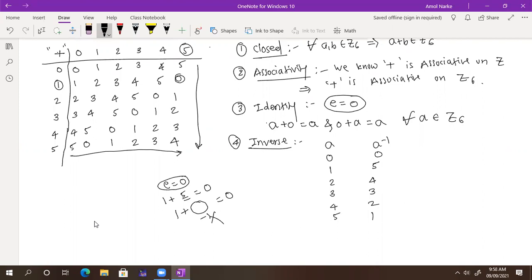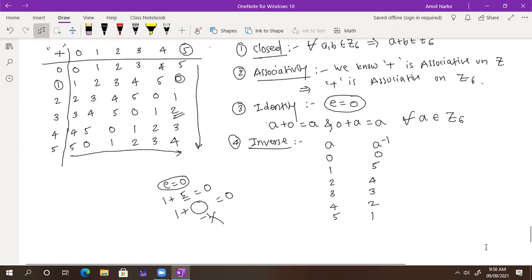What is 3 plus 5? 8. Why write 2 here? Because you have to divide by 6 and the remainder is written there. That plus operation is addition modulo n. It is not your usual addition.